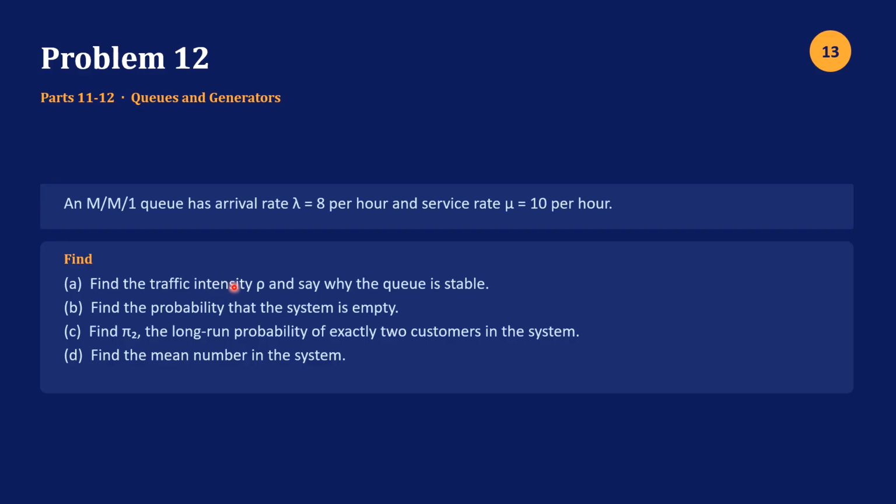Find the traffic intensity rho and say why the queue is stable. So rho is lambda divided by mu. Find the probability that the system is empty. Find pi sub 2, the long run probability of exactly 2 customers in the system, and find the mean number in the system.